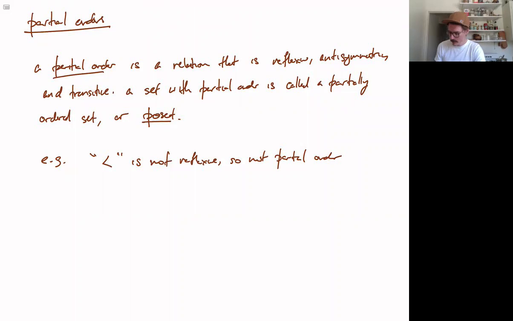And these others, divisibility and congruence, are not anti-symmetric. So they're also not partial orders.